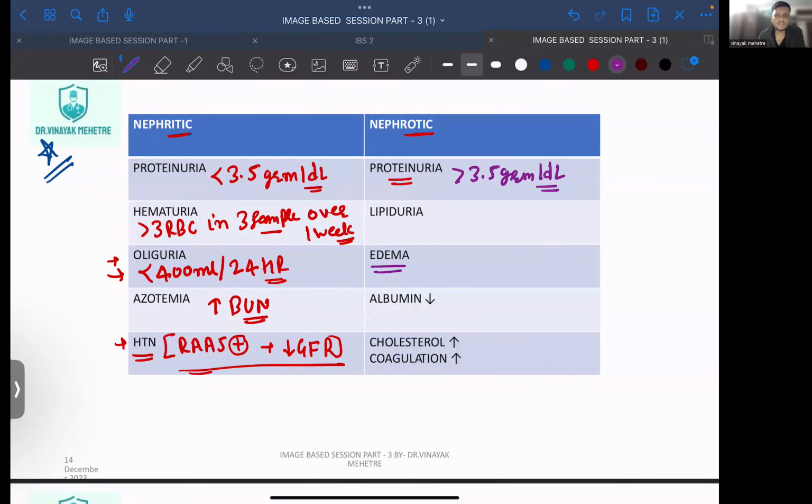Okay, on the kidney as well. Albumin is decreased, that is called as hypoalbuminemia. Okay, cholesterol is increased, is called as dyslipidemia, right? Coagulation is increased. You can remember this by the mnemonic protein.